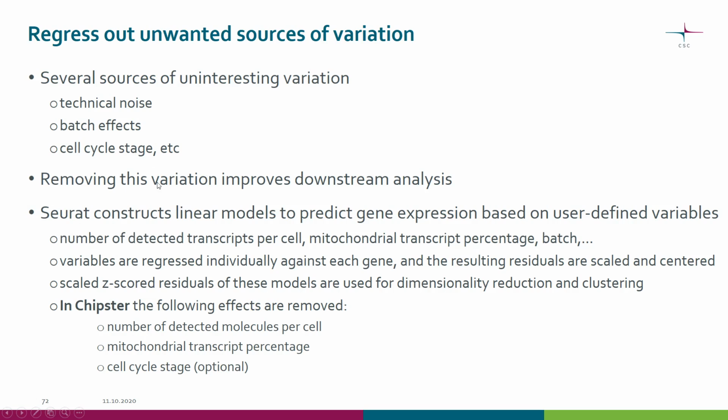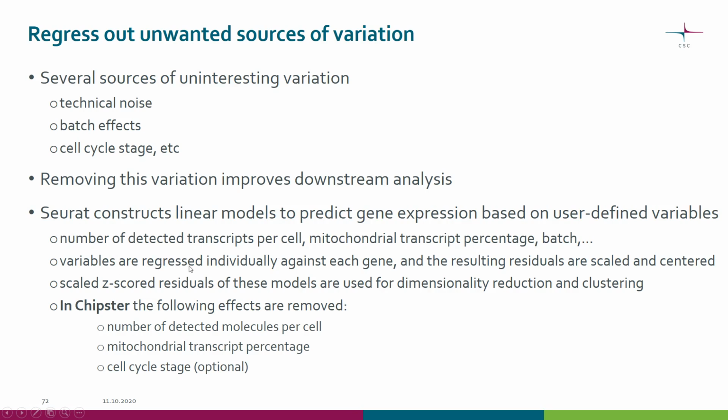So we want to remove this kind of variation, and the way scRNA does it is that it constructs linear models which predict the gene expression based on a variable that you define. There can be different ones, for example, the number of detected transcripts per cell, mitochondrial transcript percentage, and so forth.